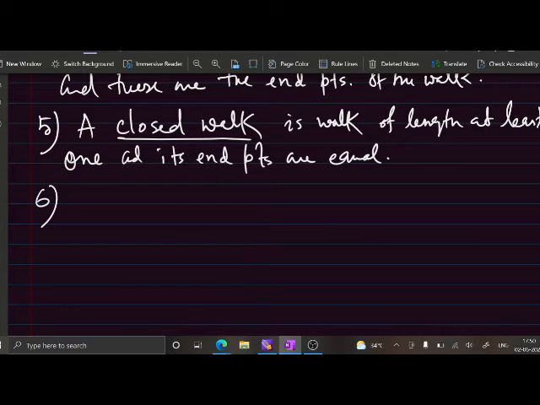In that case, a closed path will be defined as a cycle. Okay, it will be called a cycle.